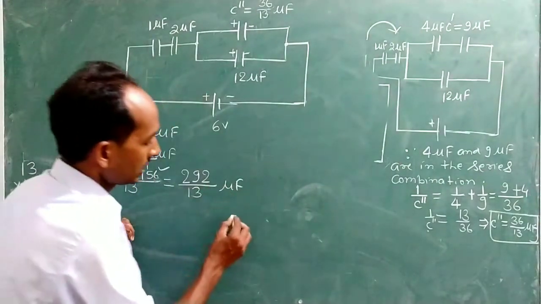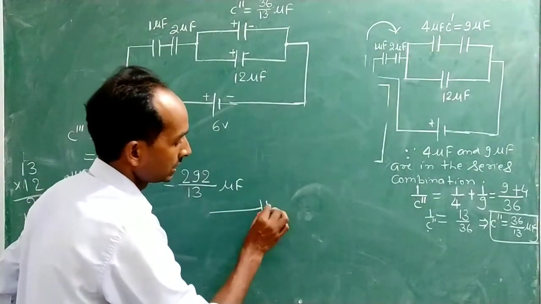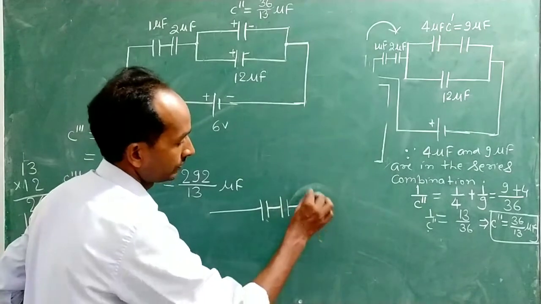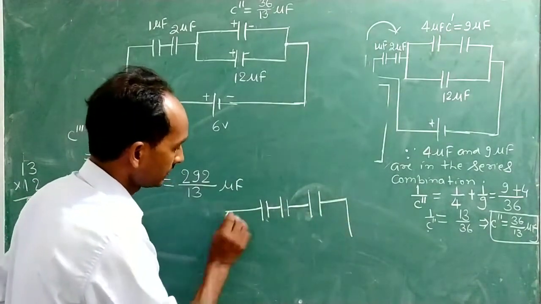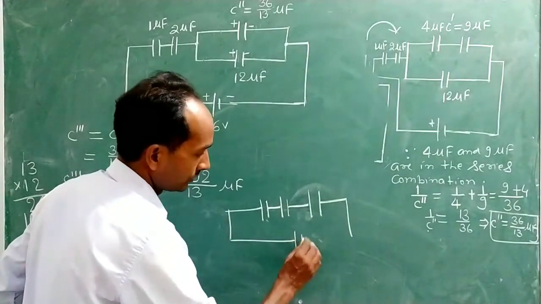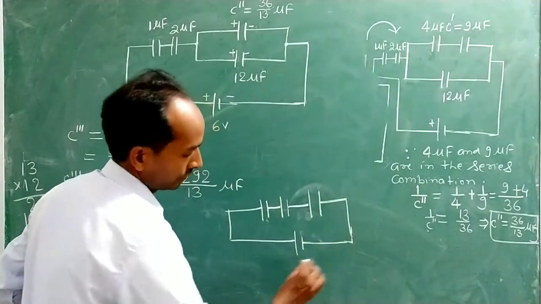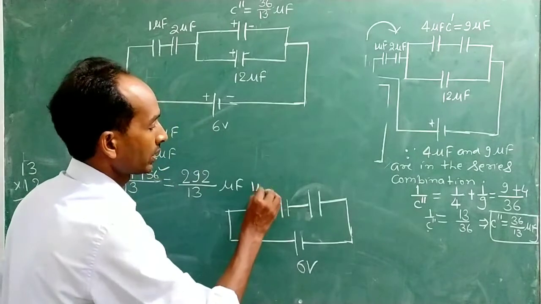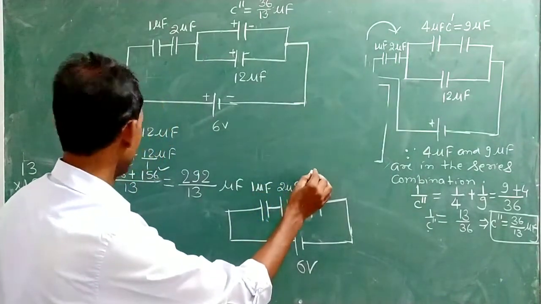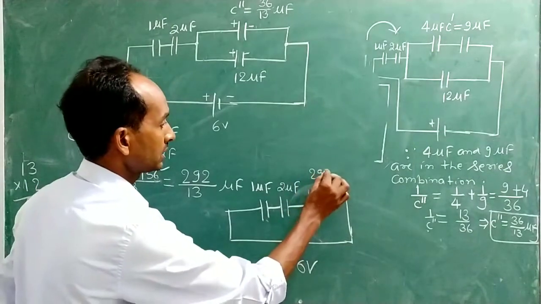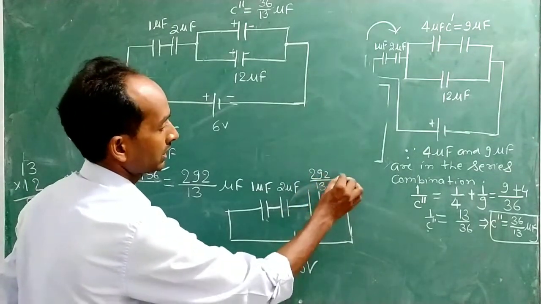Now we see that this circuit reduces to 1 microfarad, 2 microfarad, and this is 192 by 13 microfarad.